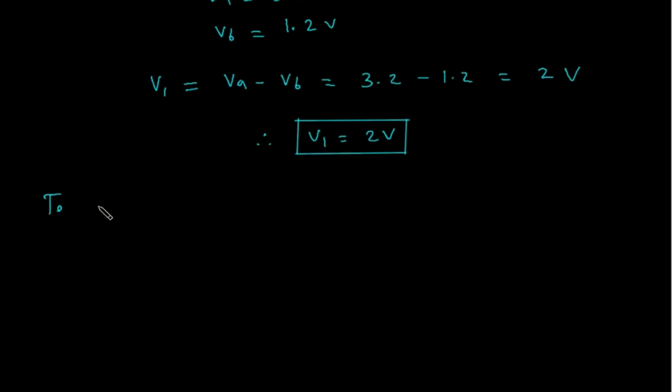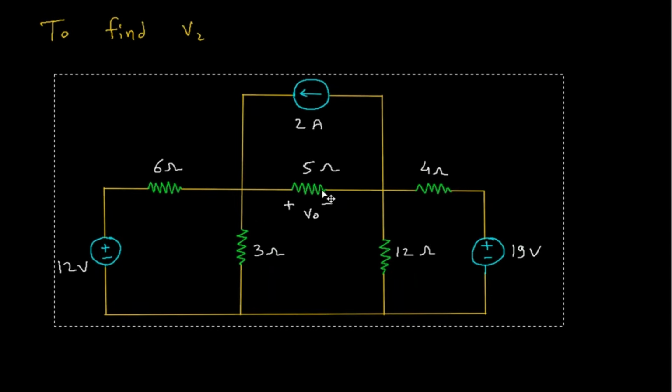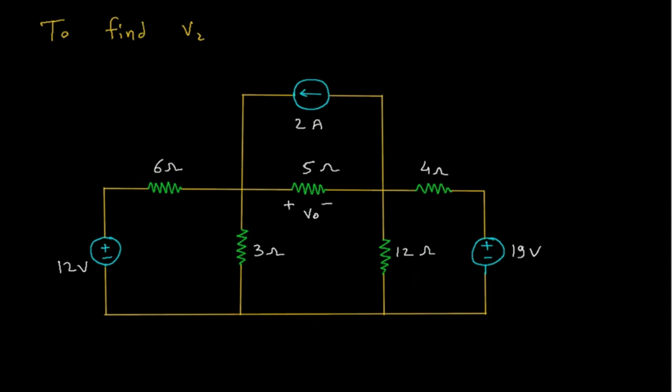To find V2, we will consider this 2 ampere current source and turn off all other sources.